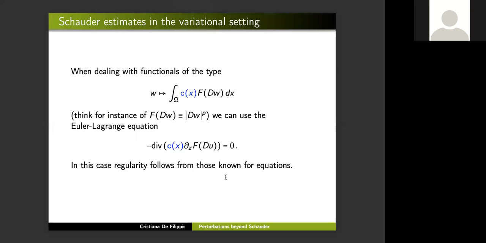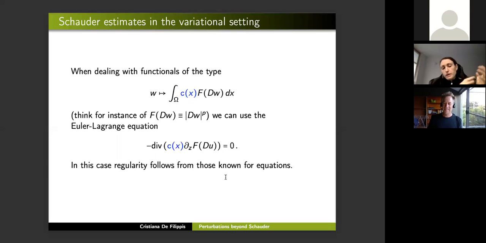Okay, now what if I want to bring Schauder estimates into the realm of variational problems? For minimizers of certain functionals. Now, for simplicity, let me consider just this model example, but of course, what I'm saying holds in a more general setting. Here, assume that f either satisfies Ladyzhenskaya and Ural'tseva's assumptions, or just take it as the p-Laplacian. Now, a functional of this type admits Euler-Lagrange equations, right?